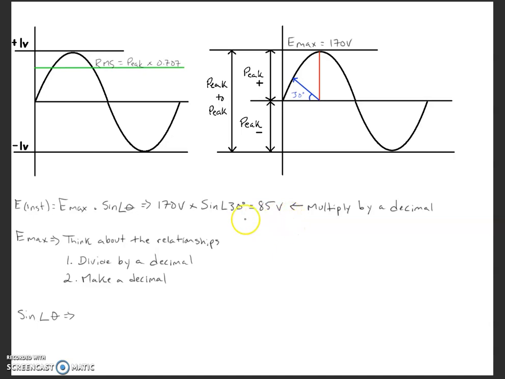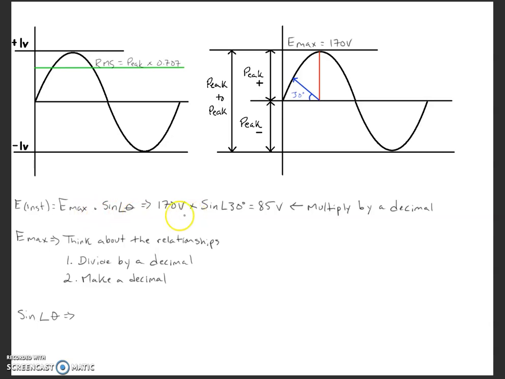So notice again, as we're going through these relationships, we have the formula: E instantaneous equals Emax times the sine of the angle. We do the multiplying, the dividing, the canceling, and all that kind of stuff.